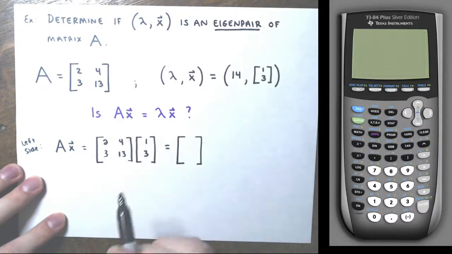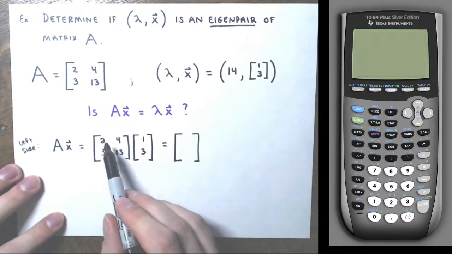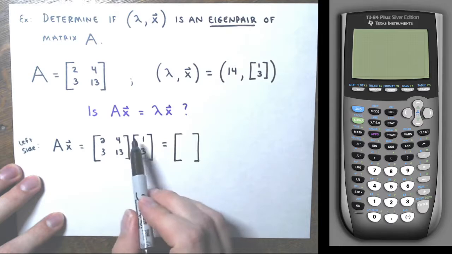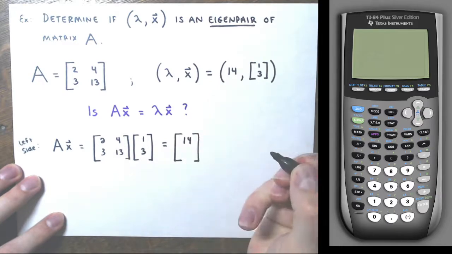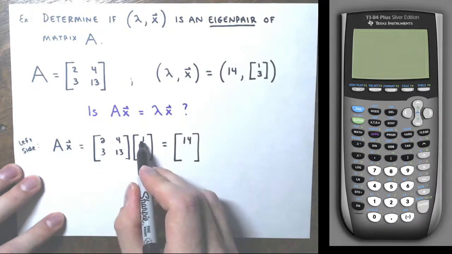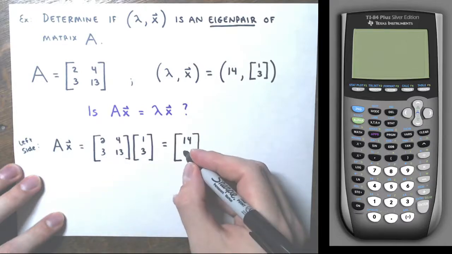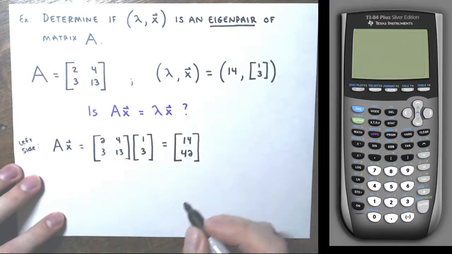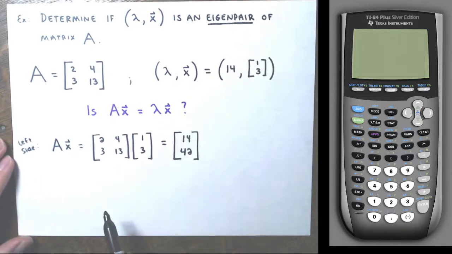Just remember how matrix multiplication works. I'm hoping you do. 2 times 1 is 2, 4 times 3 is 12, 2 plus 12 is 14. And then for the second row, 3 times 1 is 3, 3 times 13 is 39, 39 plus 3 is 42.